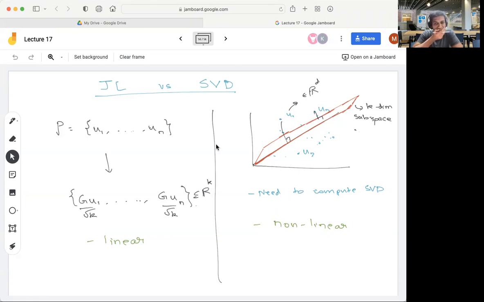Can we say something about differences being preserved in SVD? Good point. We don't quite get the differences being preserved. What we got there was some sort of average statement: that it's the best low rank approximation if we are trying to look at some kind of norm of the new matrix and the old matrix, which depends on some notion of sum of distances or some global function of these distances.